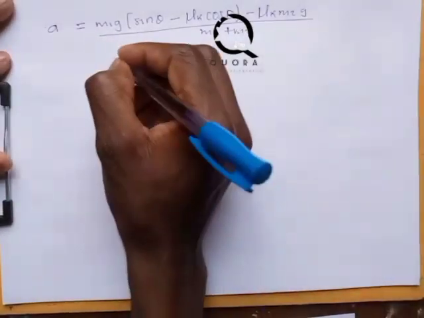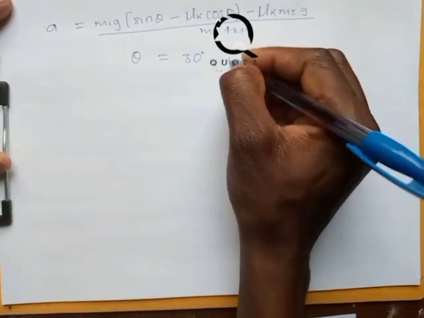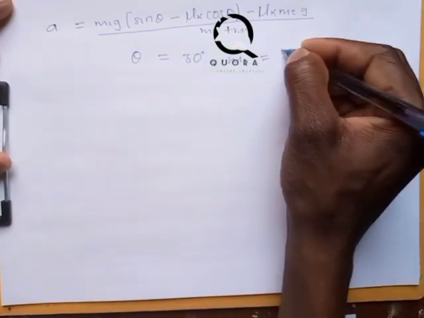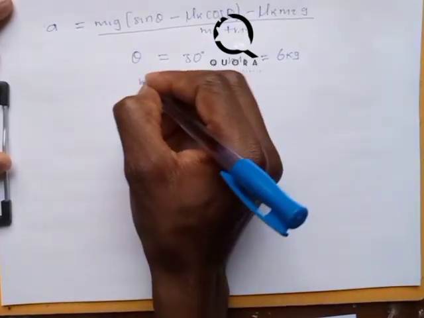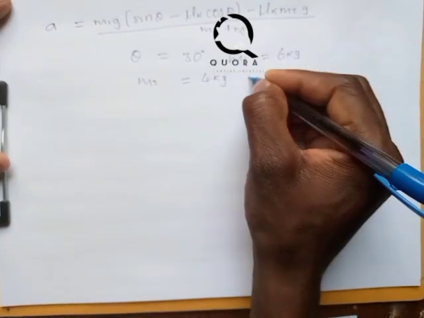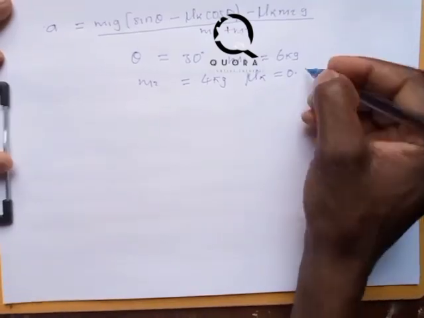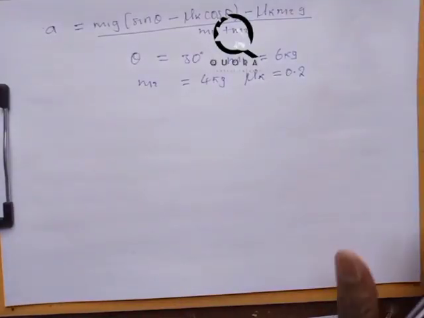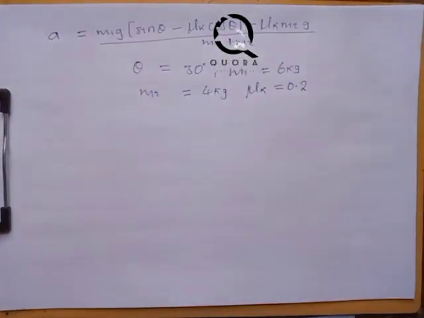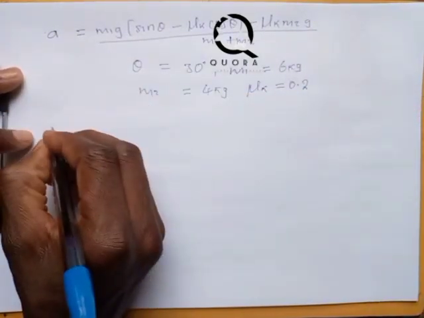So the data that we've been given: theta is 30 degrees, M1 is 6 kgs, M2 is 4 kgs, and the coefficient of kinetic friction is 0.2. Wow, the question has been simplified now, because I'll get these values and plug them here to find the acceleration.